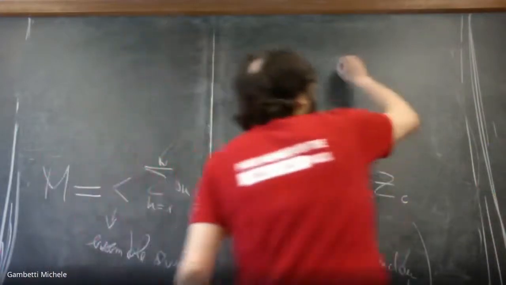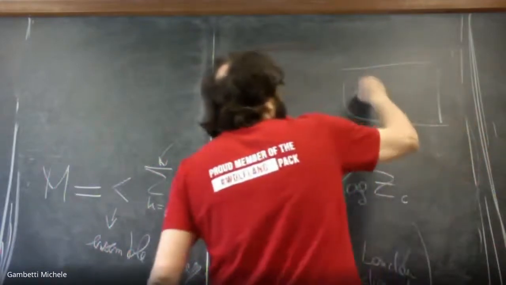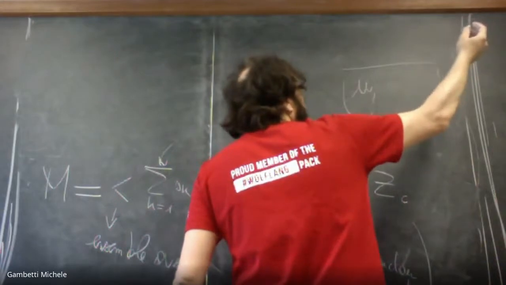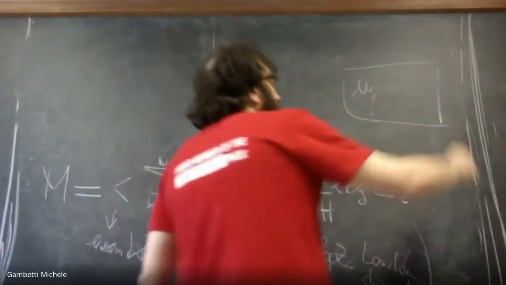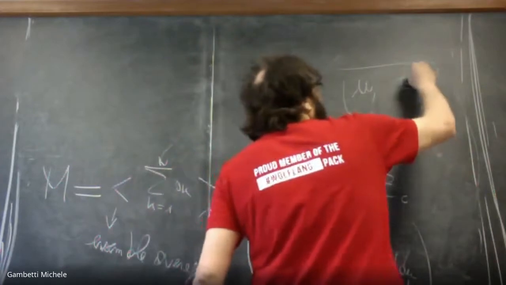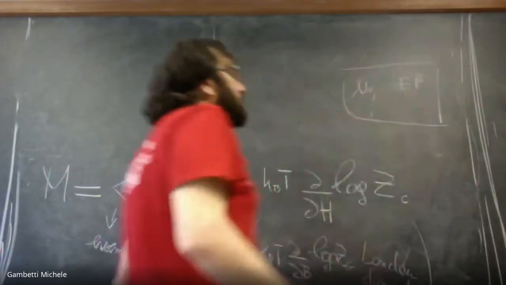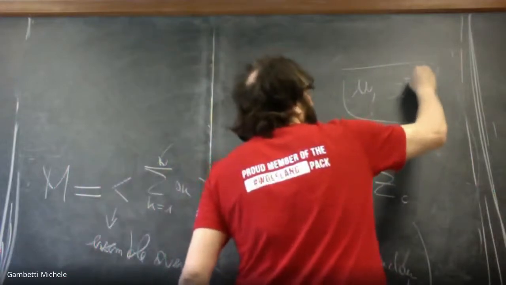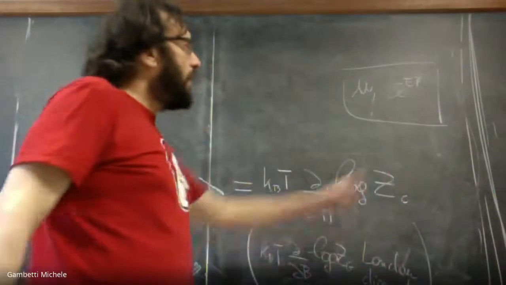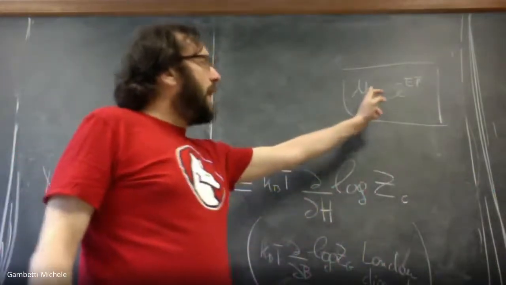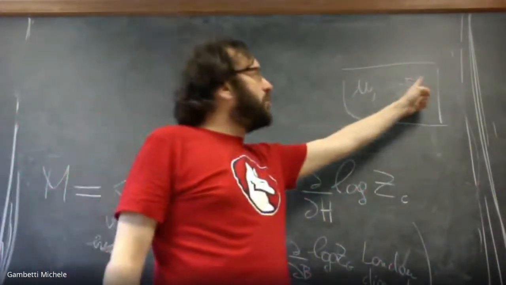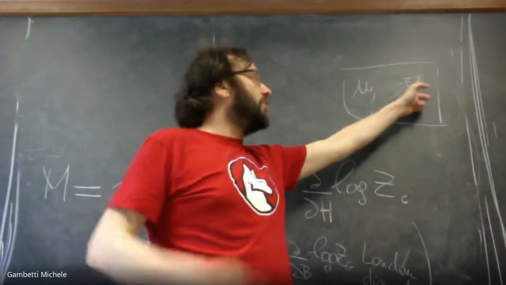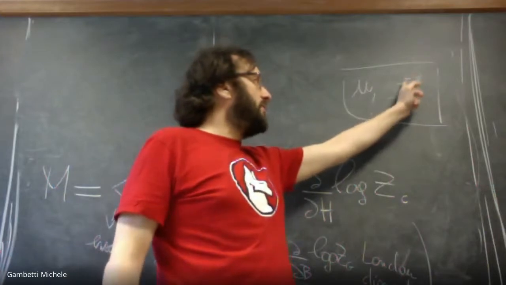So if I want to compute the internal energy, U, consider that in the ensemble, the energy is coupled to beta in the following fashion, right? So I have in the ensemble e to the minus E beta. And when I want to compute U, I need to compute the derivative with respect to beta of the log of the canonical partition function. And then I have a minus there.